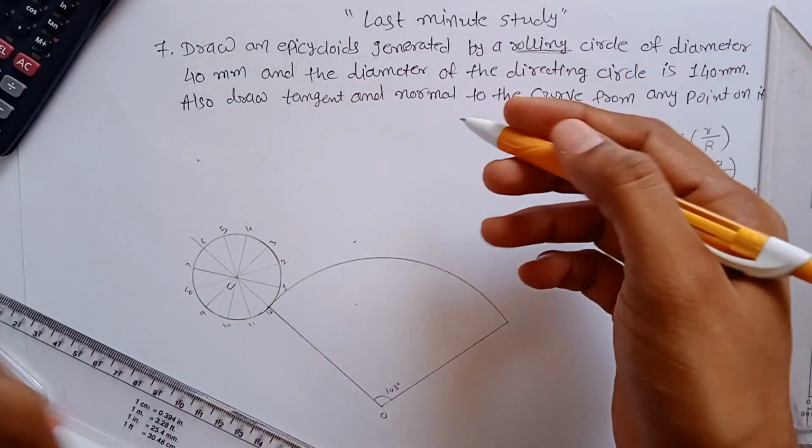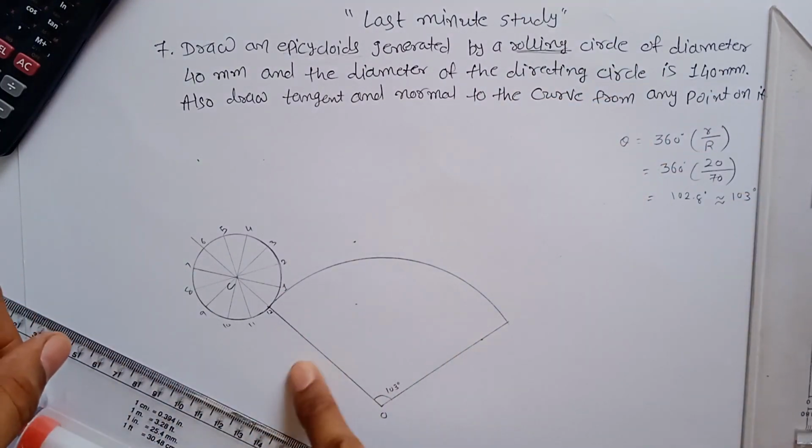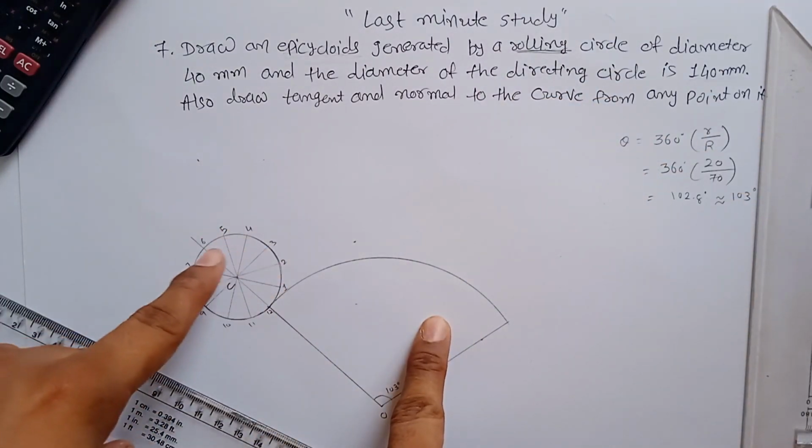Now we have to divide this arc into the same number of parts into which you divided the circle, so 12.